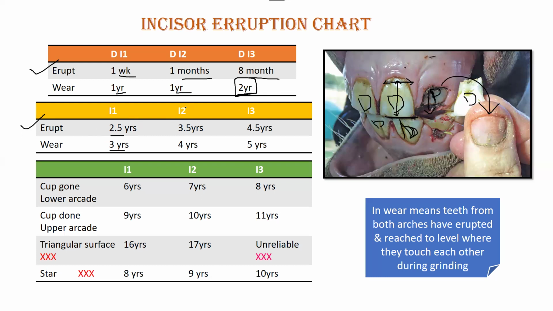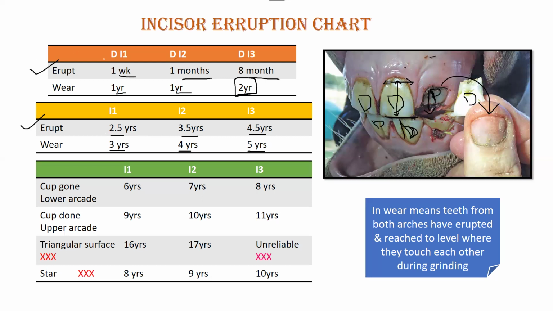Incisors 2 will then erupt at 3.5 years of age, and they will be in wear by 4 years. Then incisors 3 at 4.5 years of age and in wear by 5 years of age. So it's simple: 1 year, 2 year. Then at 2.5 year, 3 year, 3.5 year, 4 year, 4.5 year, and 5 year. So the dates are simple. They have a simple gap of half a year. This table is very easy to remember because you simply add a half year gap.